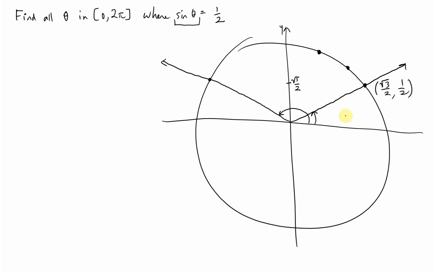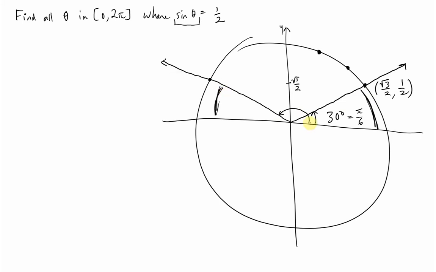So this is one of the angles we're looking for. This is a 30-degree angle. It's the smallest of these three special angles, or pi over 6 radians. And then finally the other angle, you can use reference angles to say, well, there was this angle, and then this angle has to be the same size angle.